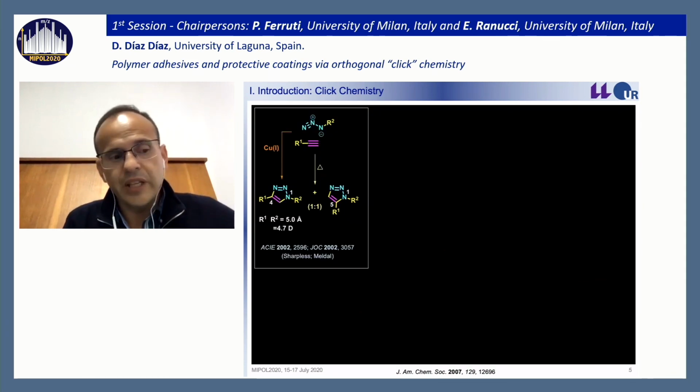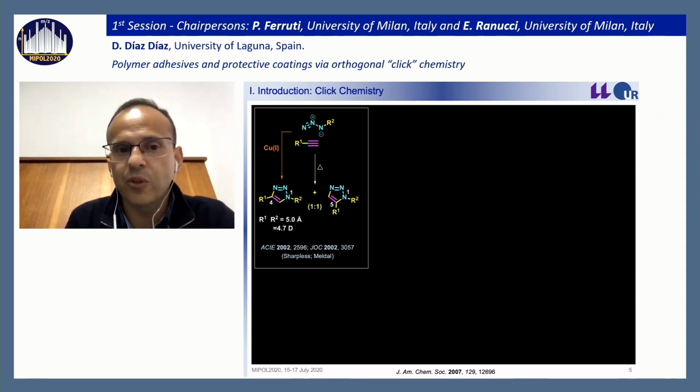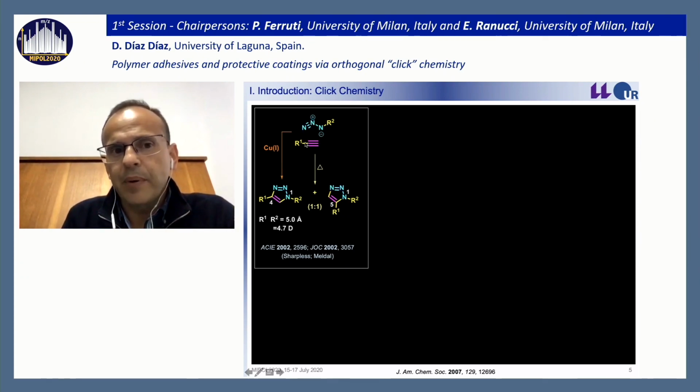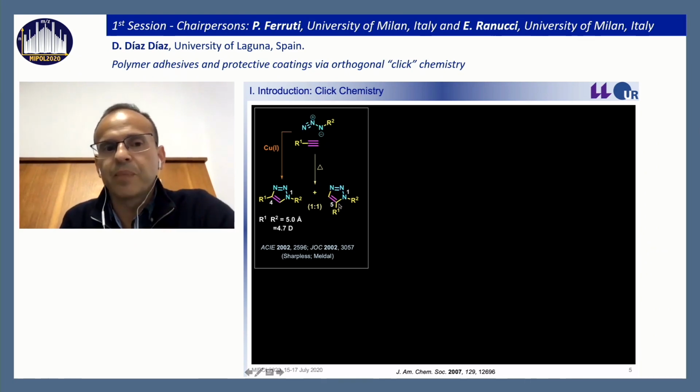So if you think about how this reaction has been developed, there are a few interesting things that have a lot to do with adhesive polymers. First of all, when you heat up a mix of azide and alkyne, as you know, you get almost an equimolar mixture of the two isomers of triazole, the 1,4-disubstituted and the 1,5-disubstituted triazole.